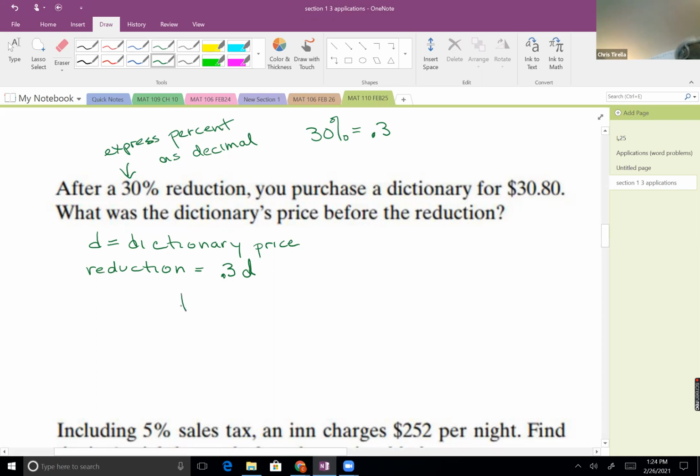If it's the reduction, I'm taking the original price minus that amount, and I know that's equal to $30.80. So far, so good. Any questions?